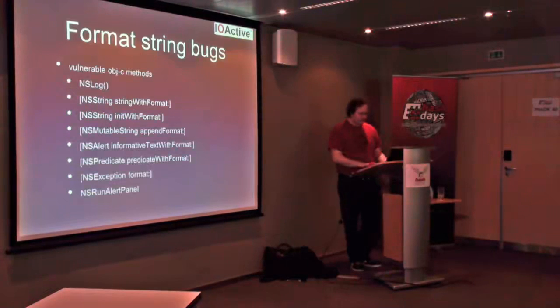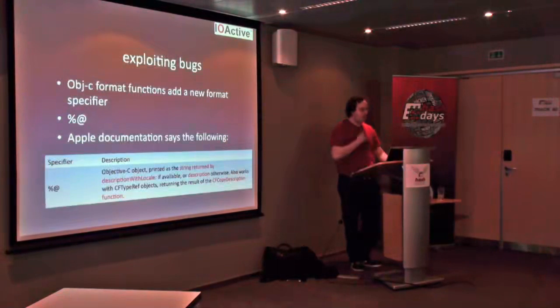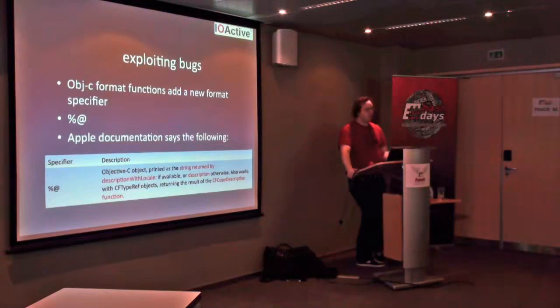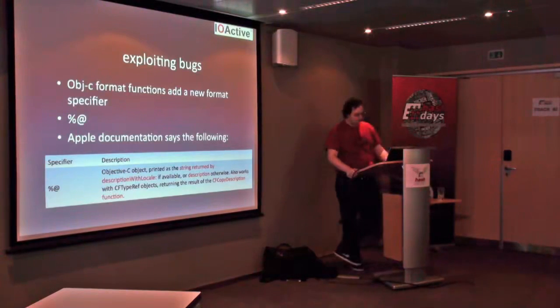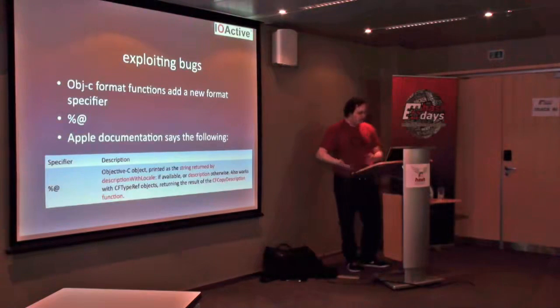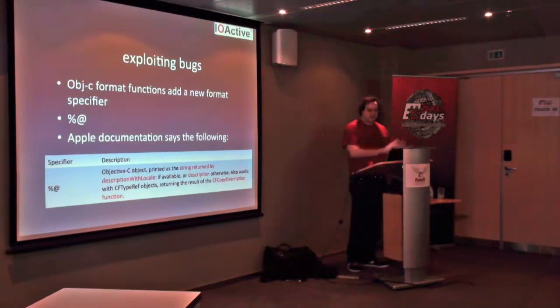It doesn't work for these Objective-C specific format functions, because the format specifier parser in them doesn't support %n. So when I stumbled upon this and found all these format string bugs, I was wondering, if there's no %n, how bad is it? If you can't actually write to memory, what can you still do? There's still %s, so you could leak memory. You could crash applications, but you couldn't actually get code execution. At least that's what I thought.